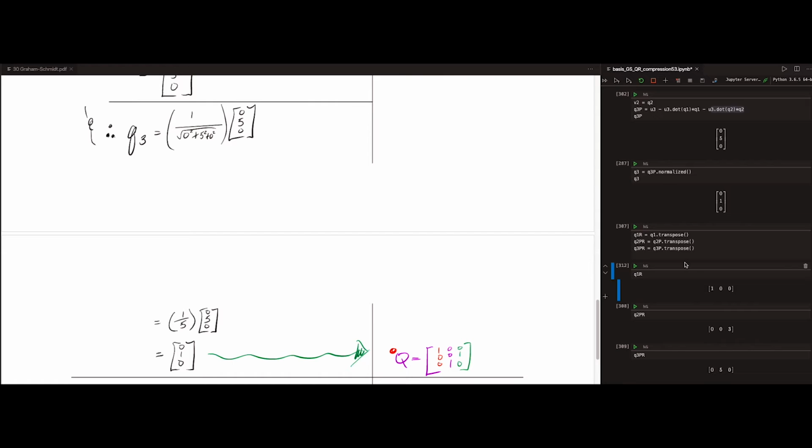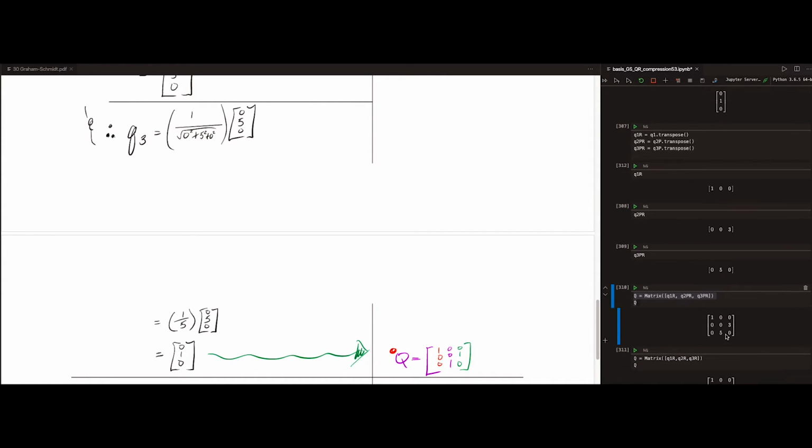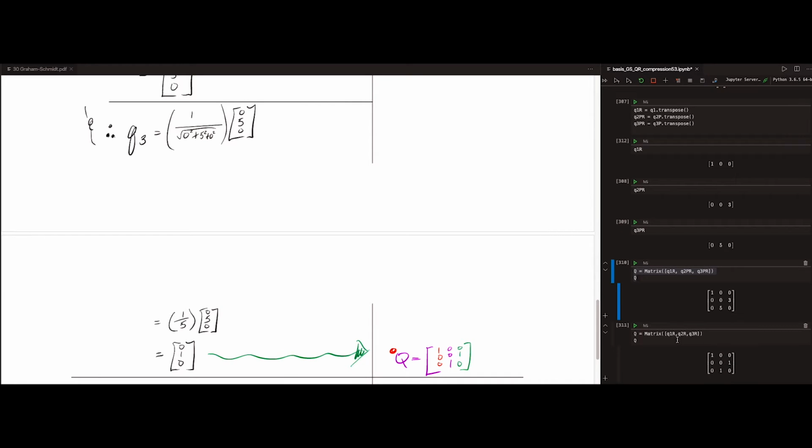The way that I can do that is to transpose each vector into a 1 by 3, and then I can put them together and create this orthogonal matrix that has all of these. These are the prime ones. Remember, I just did this so we can see that. Now I can put all of them together, and these are the orthonormal vectors that we see in here.